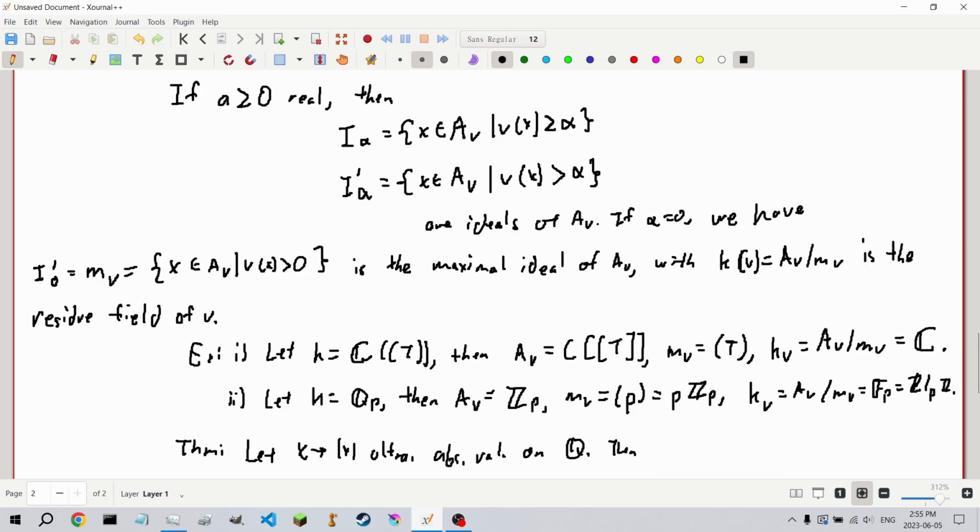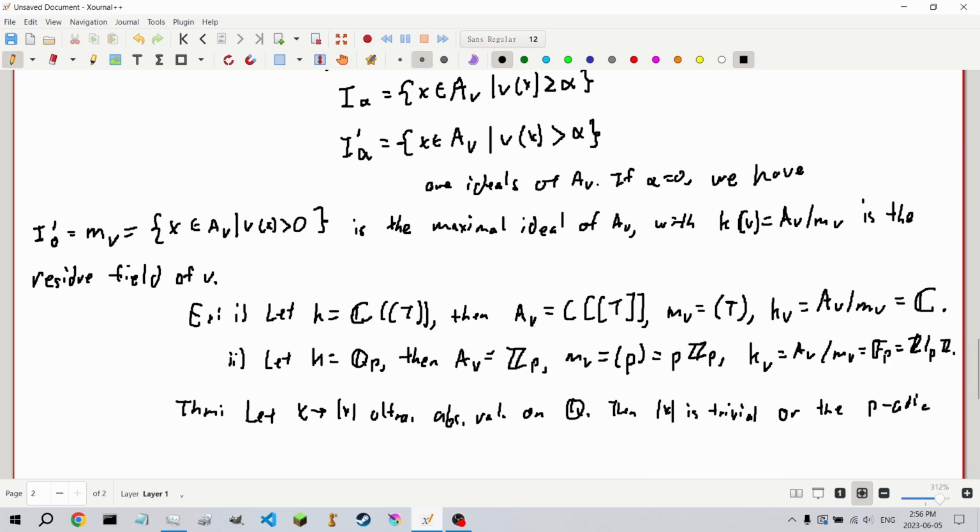Then the absolute value is trivial, which we recall means it is 1 for all non-zero numbers, or it is the p-adic absolute value for some p.